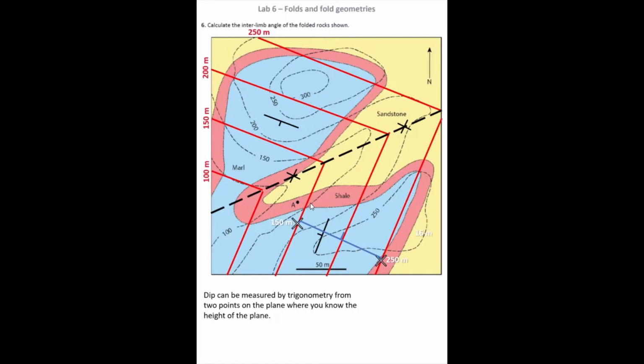Then what we can do is use 2 points where we know the height of the contact and use simple trigonometry to work out the angle of dip. So these 2 points, I know that the height of the contact is at 250 here and 150 here.